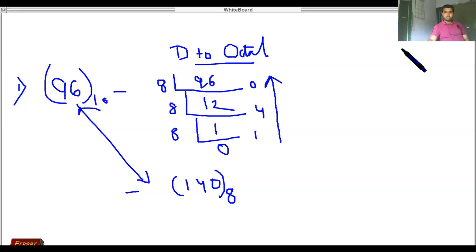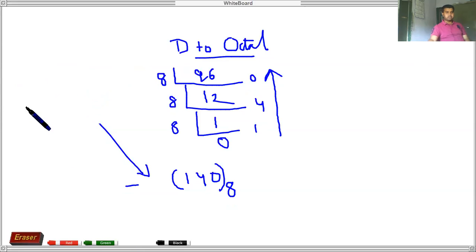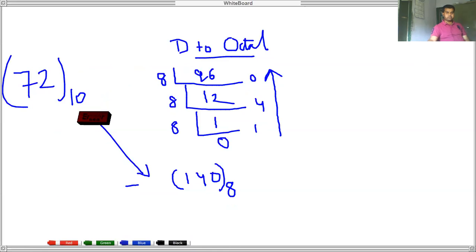Okay, so now moving on to the next question on your screen. This time also we will perform decimal to octal. So write the question. This is 72 in the decimal number, convert into octal. Okay, do it.